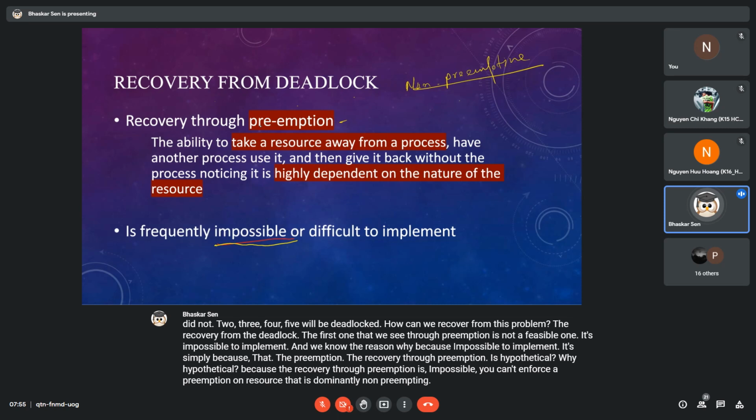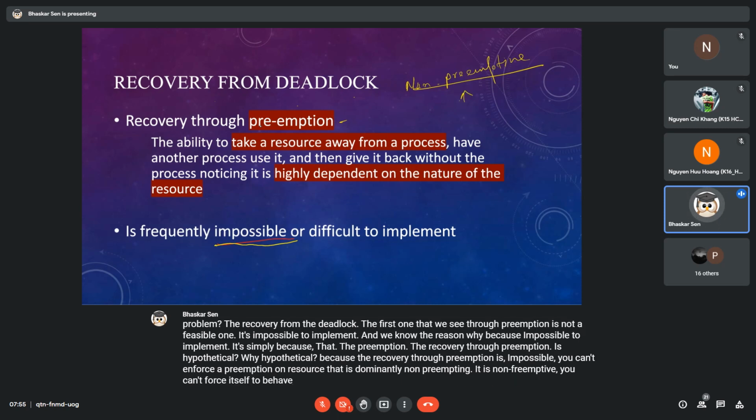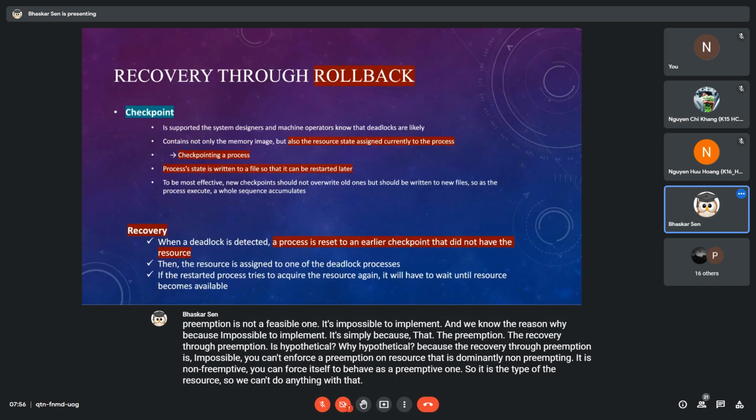If it is non-preemptive, you can't force it to behave as a preemptive one. So it is the type of the resource, and we can't do anything with that. The only logical thing that we can do is the recovery through rollback.